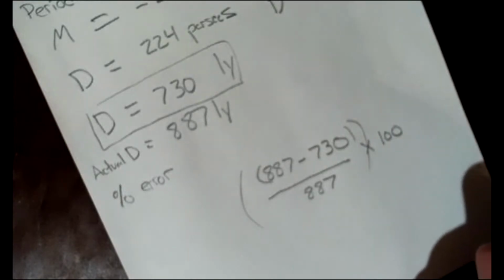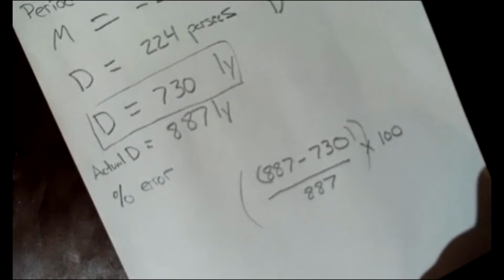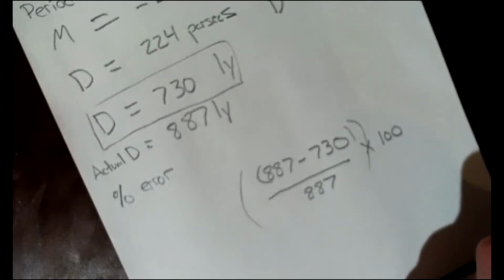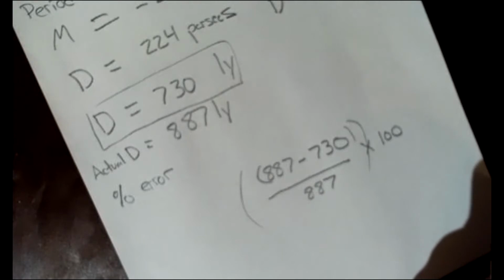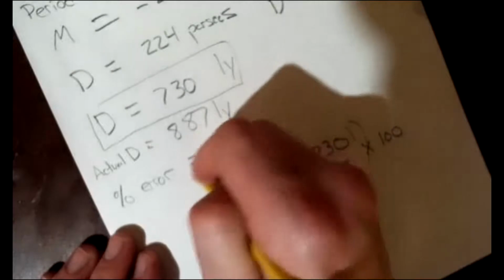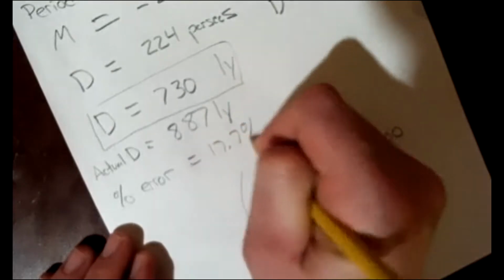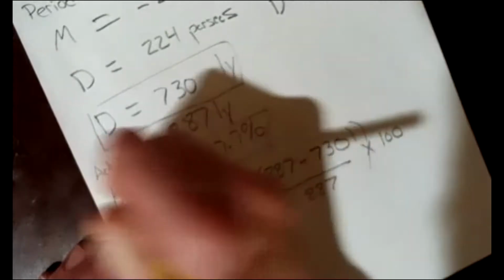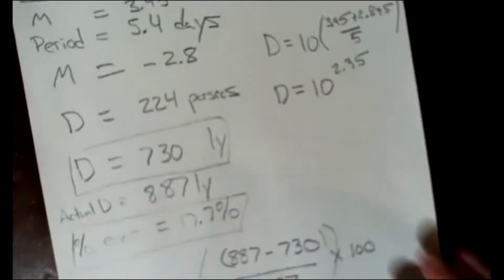I'm going to go 887 minus 730 divided by 887 times by 100. And I get to a percent error of 17.7%. And that's all there is.